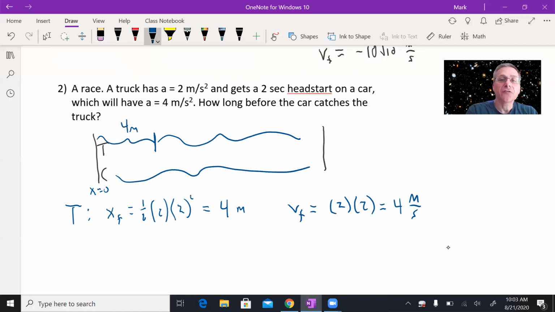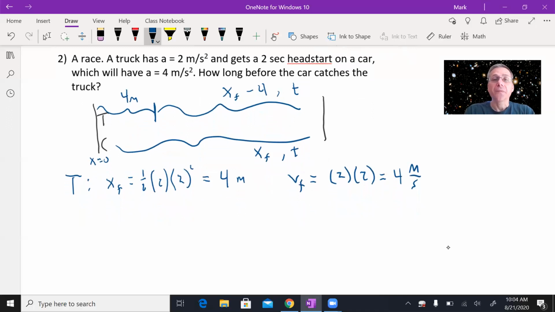The car has to travel the full distance in the same amount of time that the truck travels a shorter distance: the final position minus the 4 meters that it now has as a head start. So these each are going to take the same amount of time to travel the two different distances. Time is the variable that has to be the same for these two in order for the car to catch up with the truck, once we know what the head start is, like we just did.